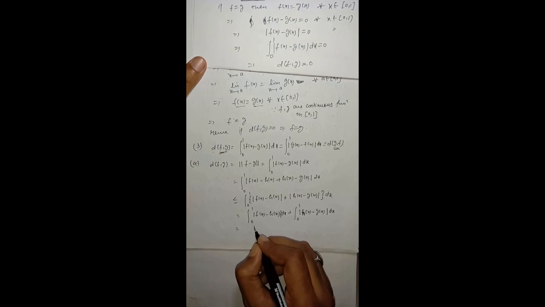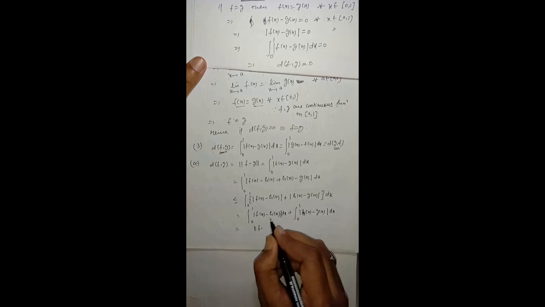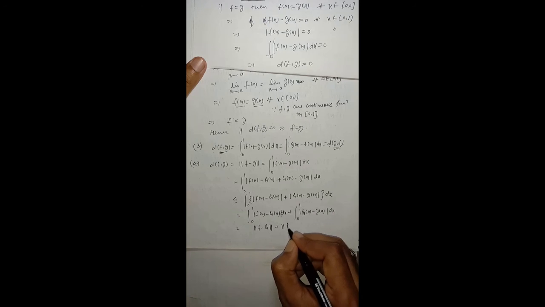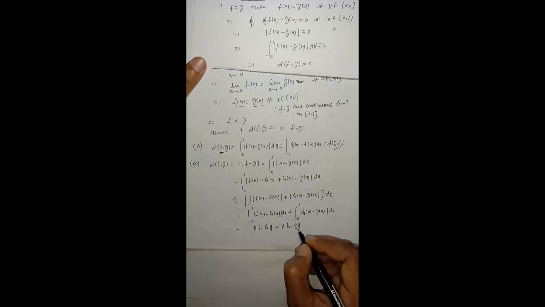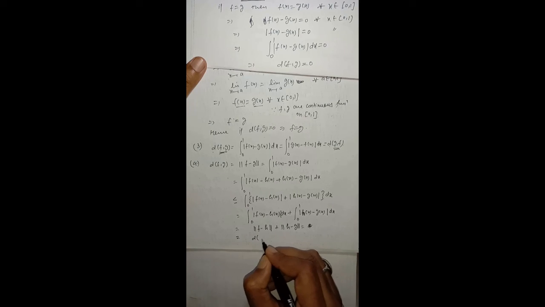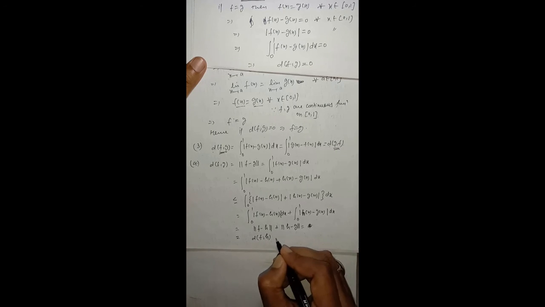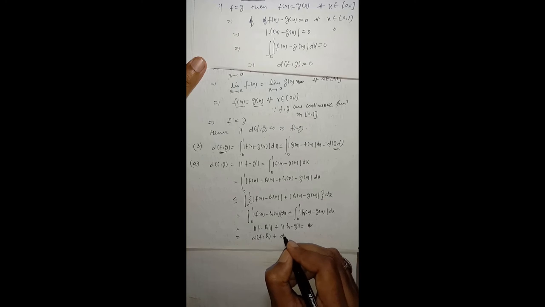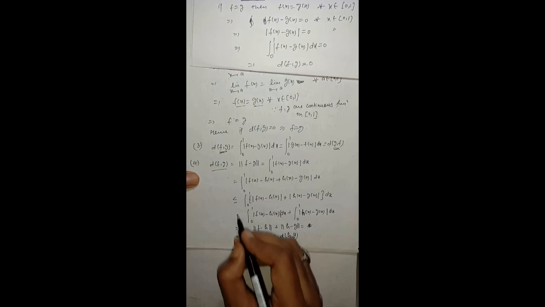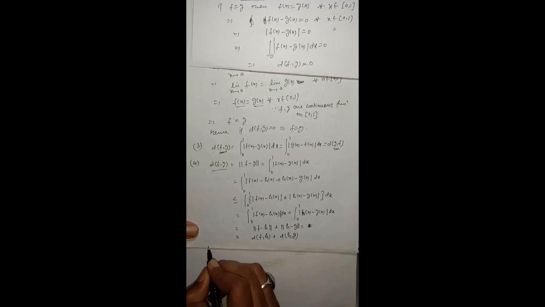This is equal to the norm of f - h plus the norm of h - g. This is equal to, by the definition of the function, we can write d(f, h) plus d(h, g). Thus the fourth property also holds.